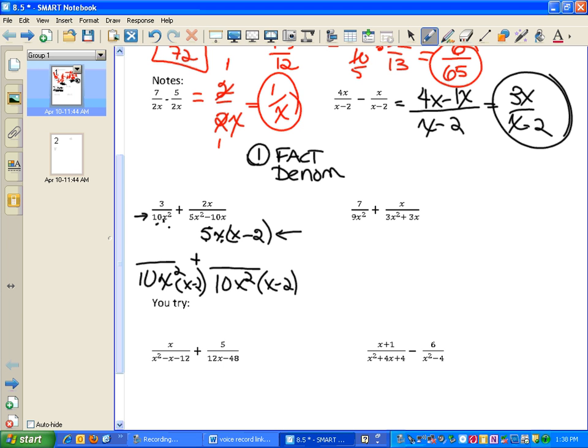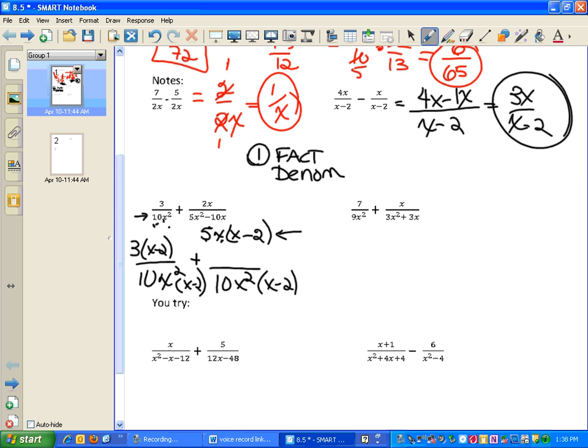Okay? In this first fraction, if I need 10x squared times x minus 2, what already exists? So what do I have to multiply the numerator and the denominator by? x minus 2. So I'm now going to have a 3 times an x minus 2. So I'm replacing the numerator with what I added to the denominator. Would you agree?